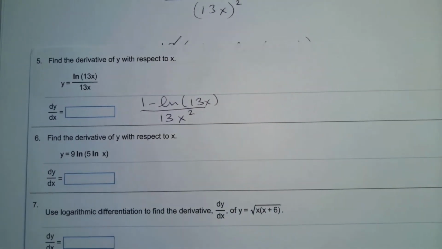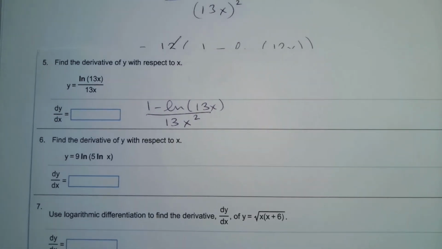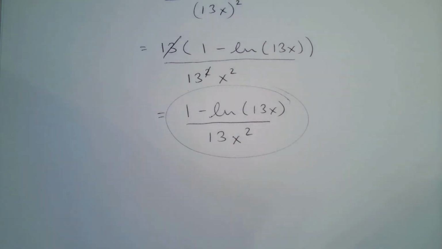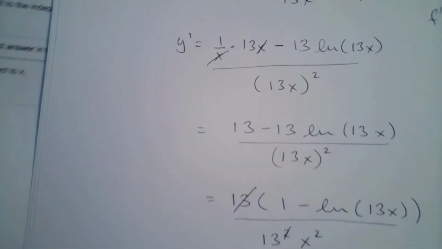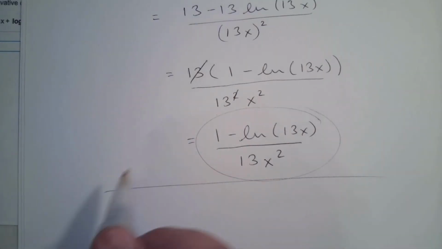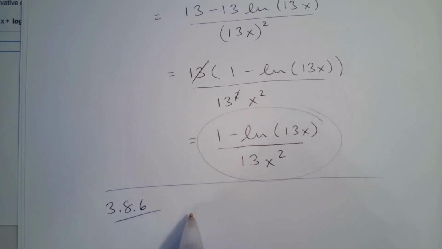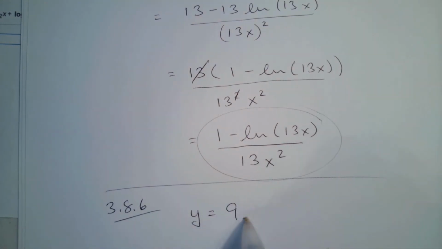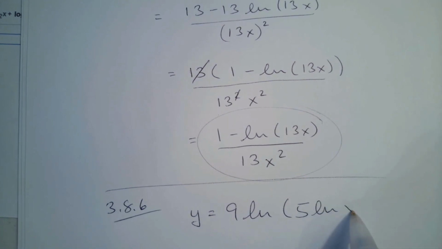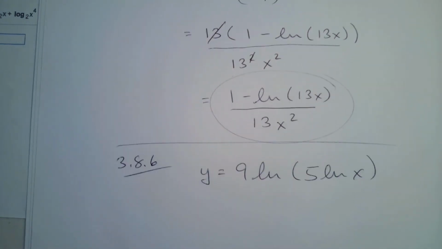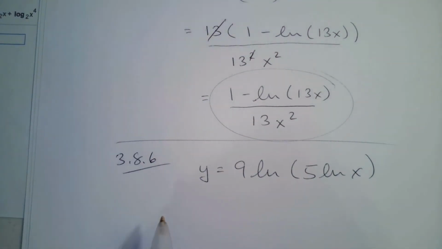Find the derivative of y equals 9 ln of 5 ln x. Here it goes down. 3, 8, 6. Y equals 9 ln of 5 ln x. Find the derivative.